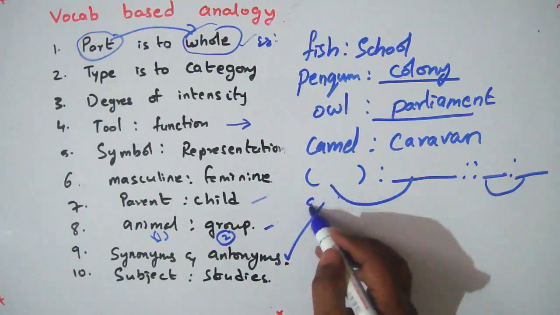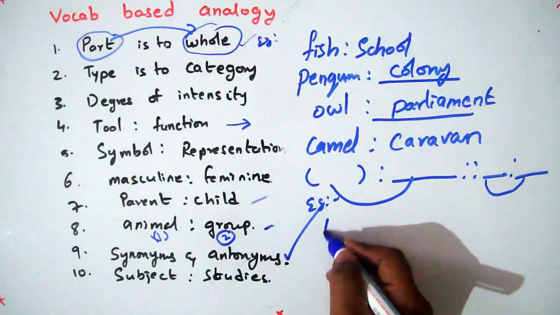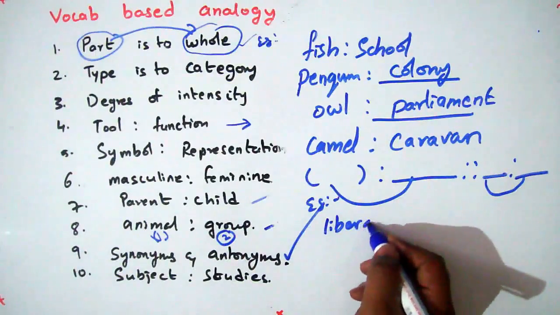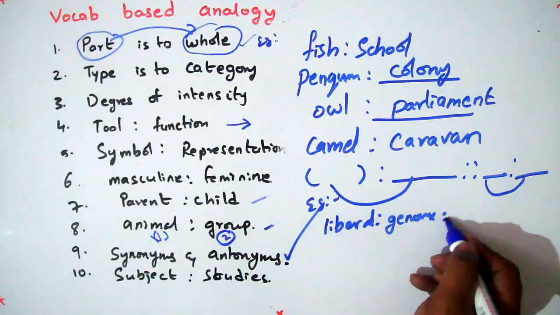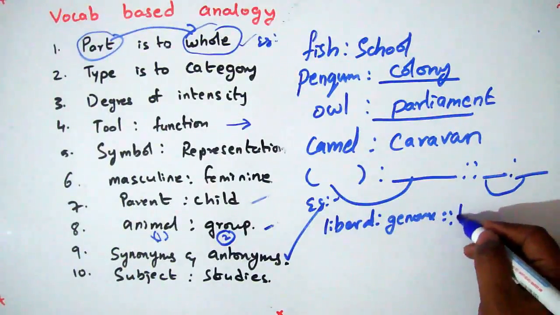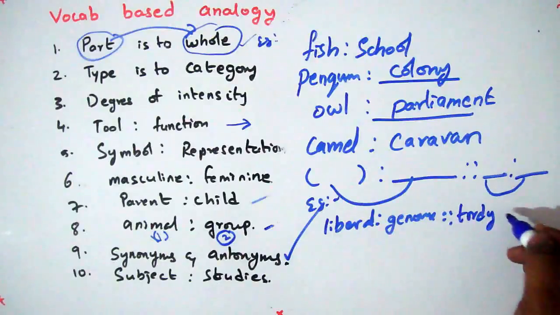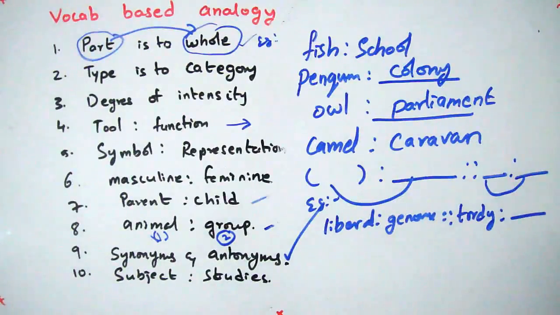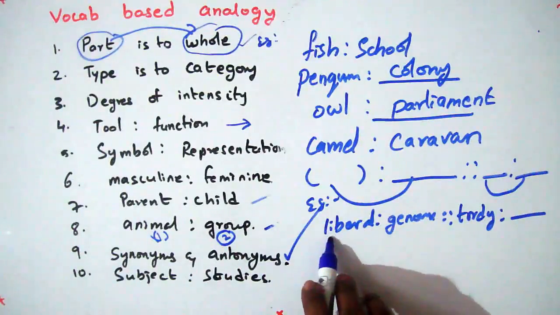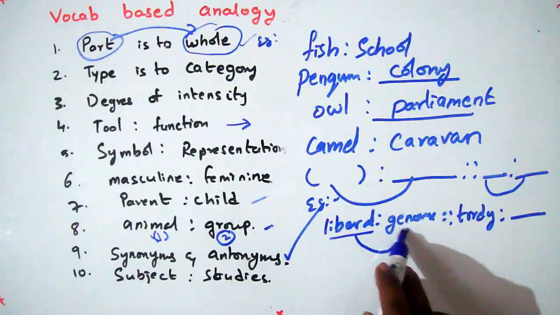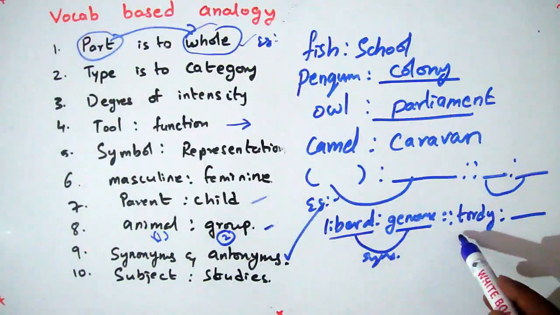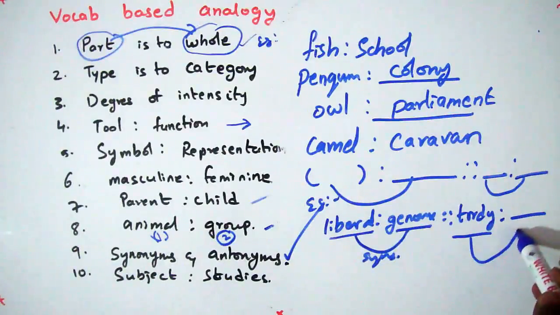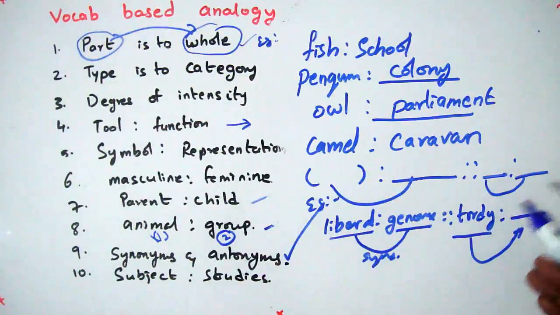For example, liberal. Liberal is for generous. And tardy. Tardy is for what? See, friends, liberal and generous are synonyms. Tardy is something like you are delaying something.